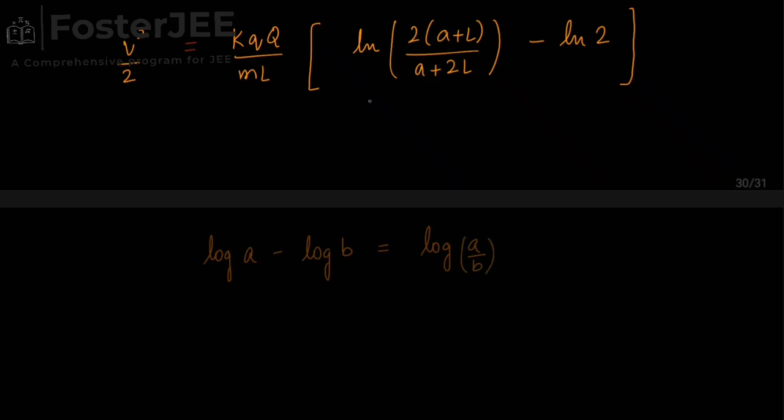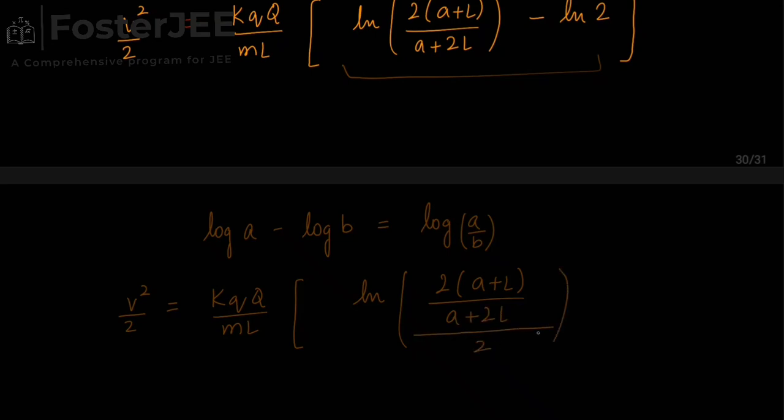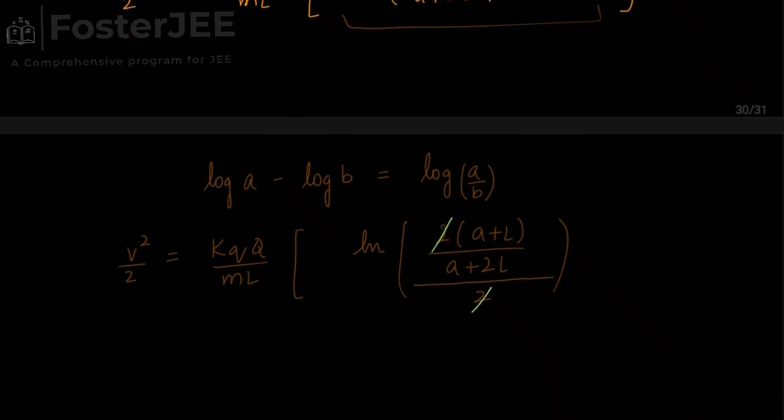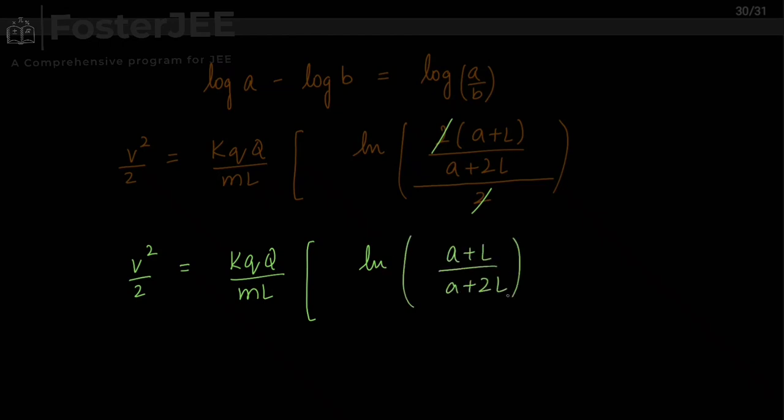Hence we can use this property on this term, and this becomes v square by 2 equals KQq upon ml ln of twice of a plus l upon a plus 2l whole upon 2, and this 2 and this 2 get cancelled out, and v square by 2 equals KQq upon ml ln of a plus l upon a plus 2l.